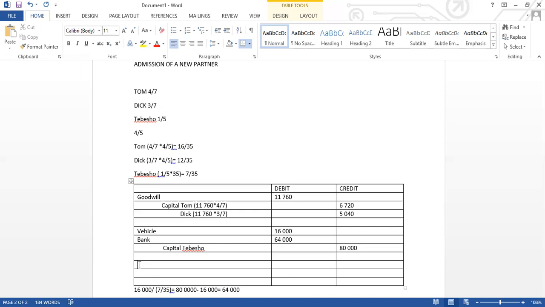So revaluation of assets should always be allocated to the existing partners, not the new partner, in other words, to the old partnership in their existing profit sharing ratios. Why? This is because the existing partners must benefit or lose from changes in the value of equity while they controlled the business.